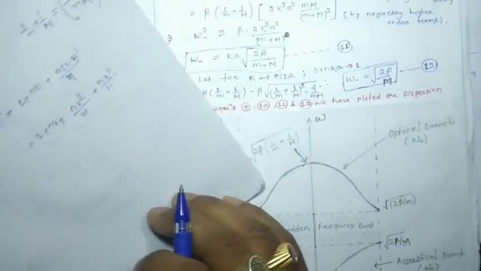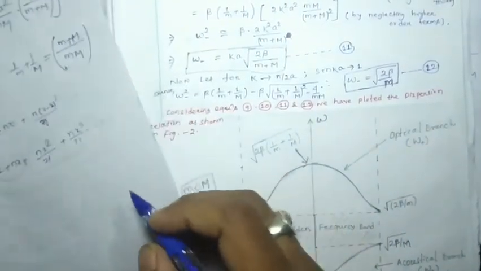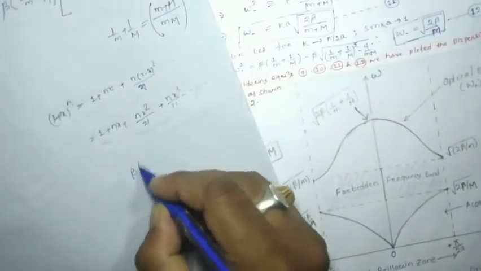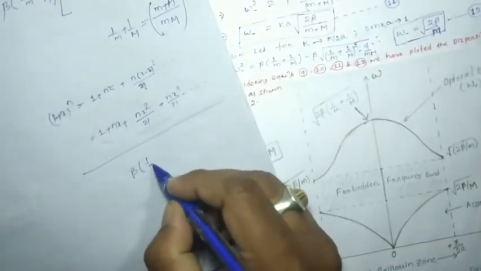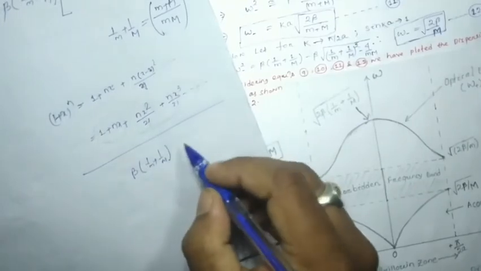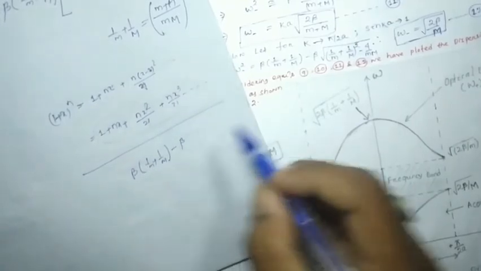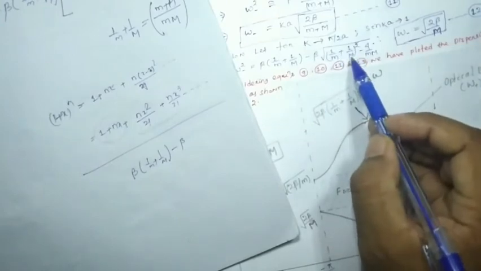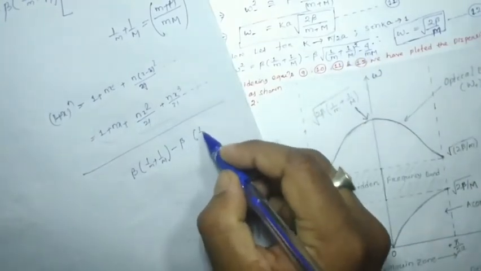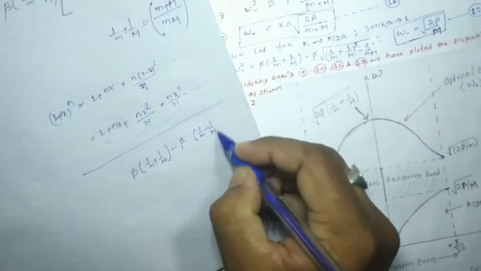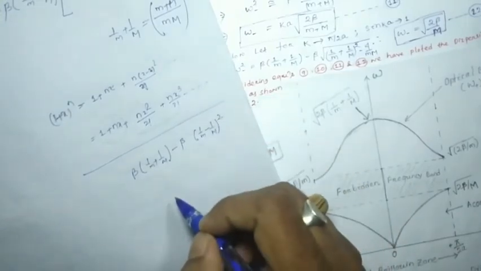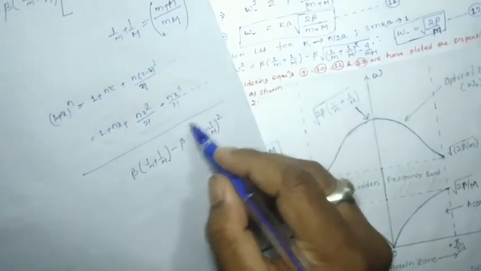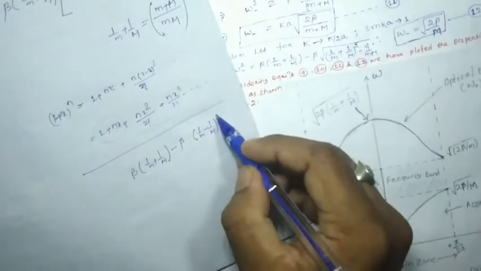You can find it easily. See, this is beta into 1 by m plus 1 by capital M, minus beta into this, which is nothing but 1 by m minus 1 by M, whole square. If we take the root of this one, it will cancel out.